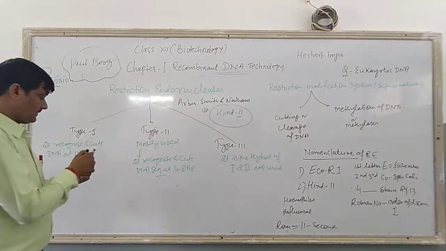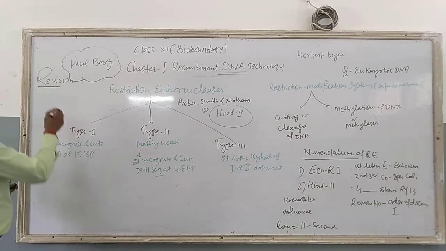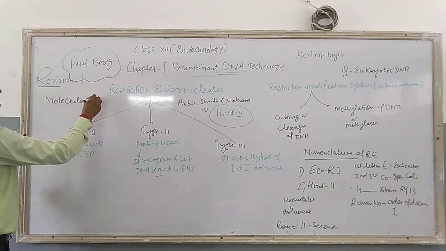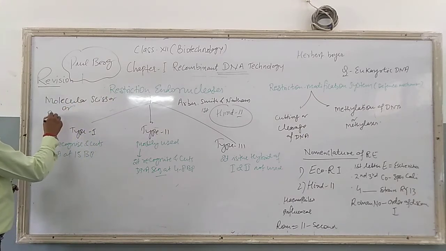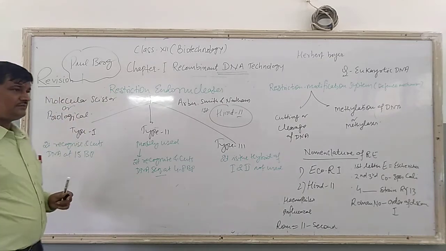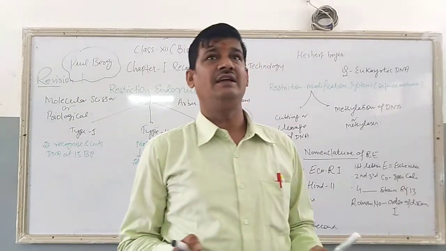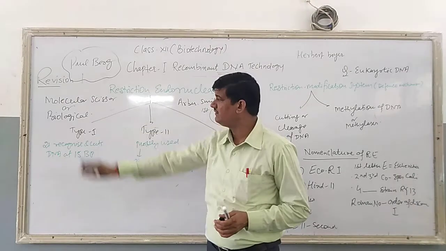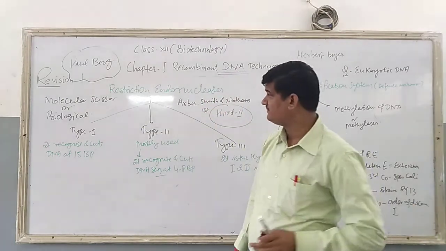So this restriction enzyme is also called a molecular scissor or biological scissor. We use it to cut, to cleave the DNA strand. Therefore, we call it the molecular scissor or biological scissor in molecular biology.